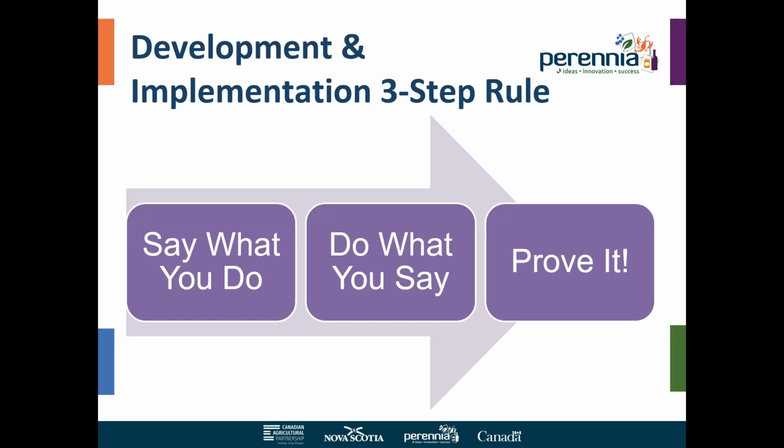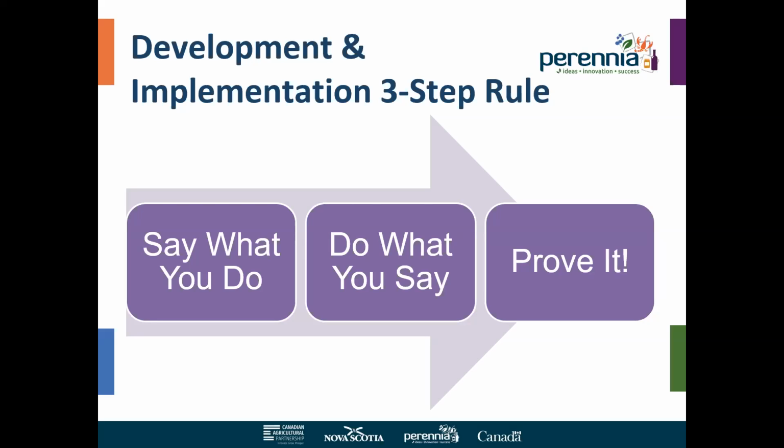So your policies and your procedures and your sanitation standard operating procedures and your SOPs. And then you do what you say. You also take those written documents to the floor or to the field or wherever it may be, and ensure that what is written down, what you say you're doing, is what you are actually doing.